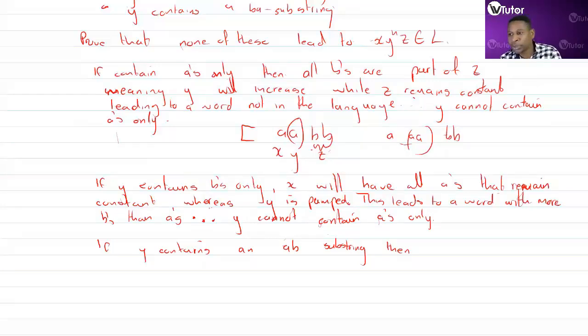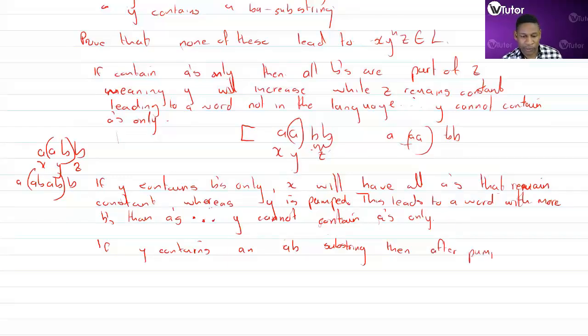After pumping, so say we've got AA, BB. If this is Y, after pumping, you're going to have A, AB, AB, B. So we're going to have two AB substrings, which is not a word in the language. All the words in this language have one AB substring. Then after pumping, the word will have more than one AB substring.